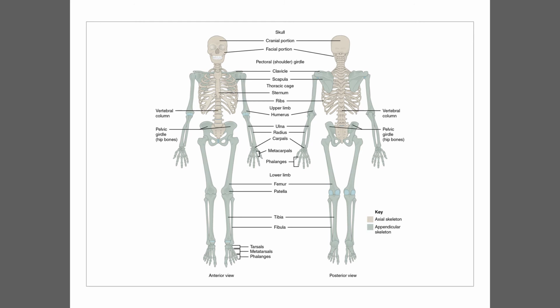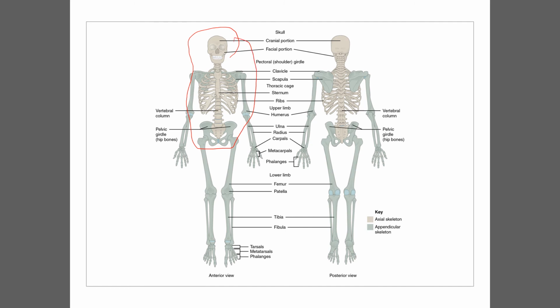The ribs, what are the true ribs, the false ribs, and the floating ribs? The vertebral column, what were the different vertebrae? How many vertebrae make up the cervical region? How many vertebrae make up the thoracic or the lumbar region? And then the sacral region. So this is our axial skeleton.